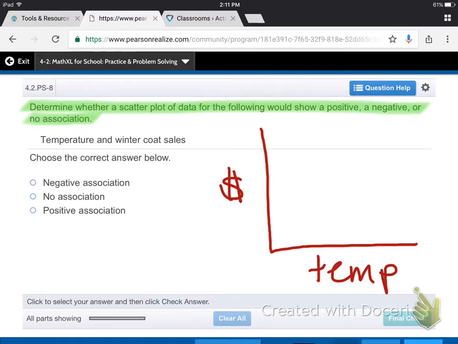As the temperature increases, meaning as the temperature gets warmer, what's going to happen to coat sales? That is clearly going to go down. So that trend line should look something like this, where there is a negative association. So let's go ahead and mark that.